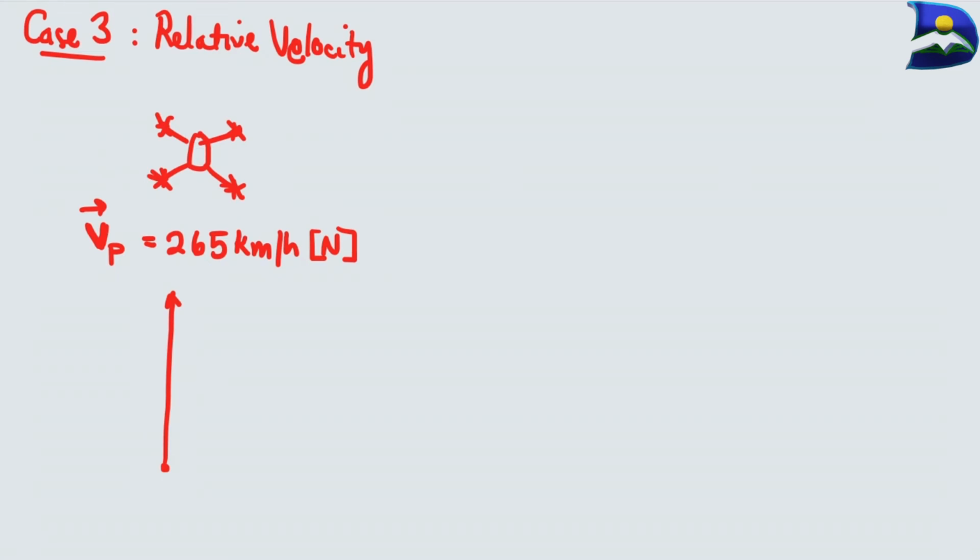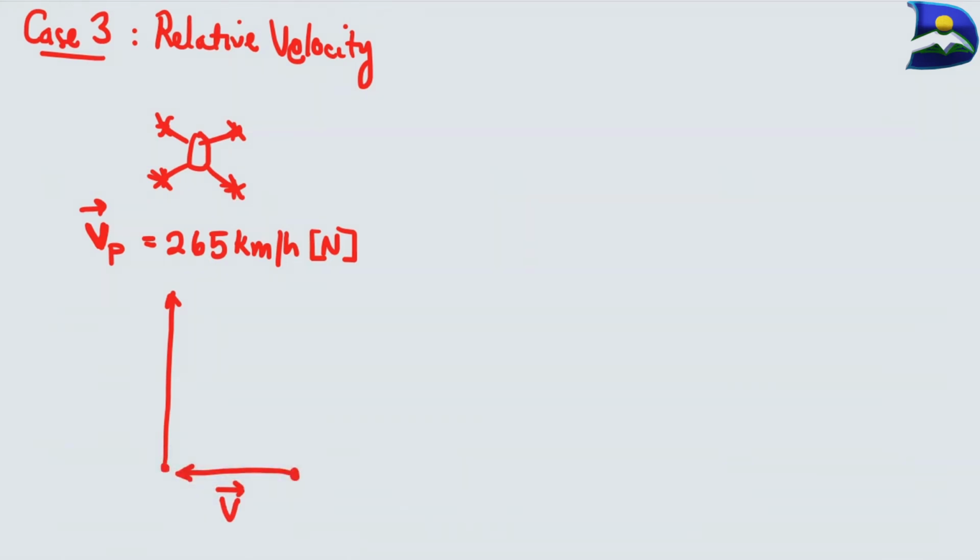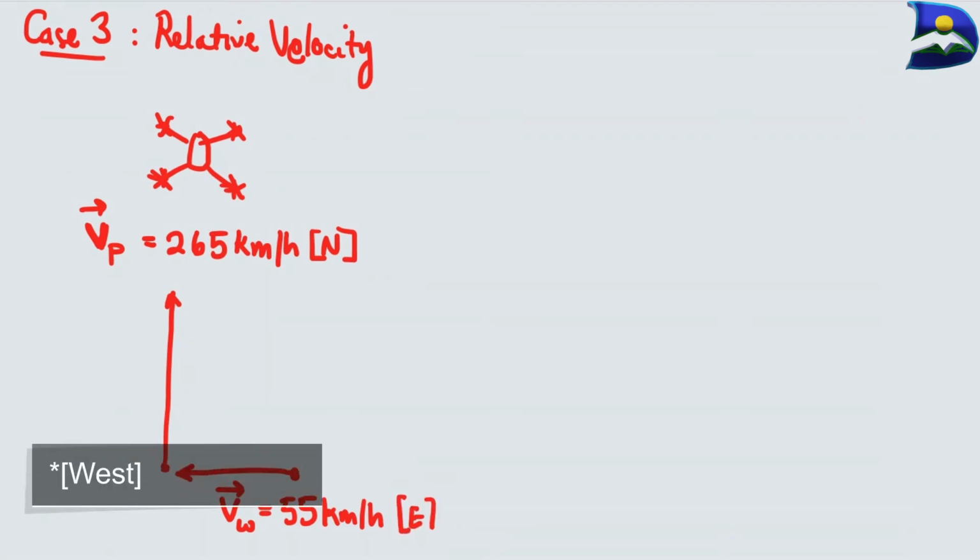To determine the angle theta, we need to remember that the side facing the angle is called the opposite, and by default this is called the adjacent. So our opposite is going to be this, and therefore tan theta is equal to VP divided by VW.